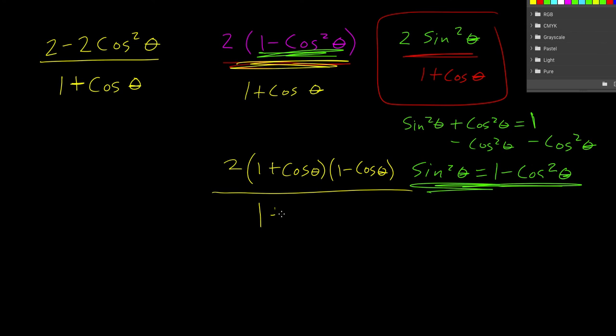And then we have 1 plus cosine theta. And so this cancels this, and then we can distribute the 2 back in to that. And so it's 2 minus 2 cosine theta.